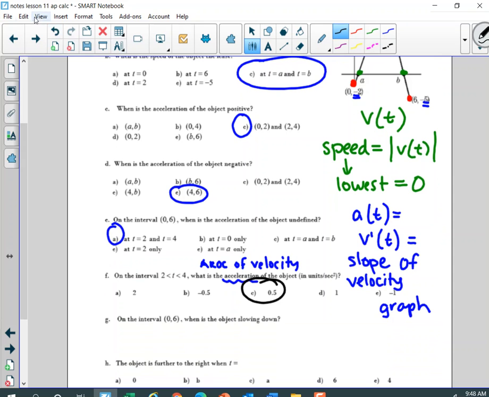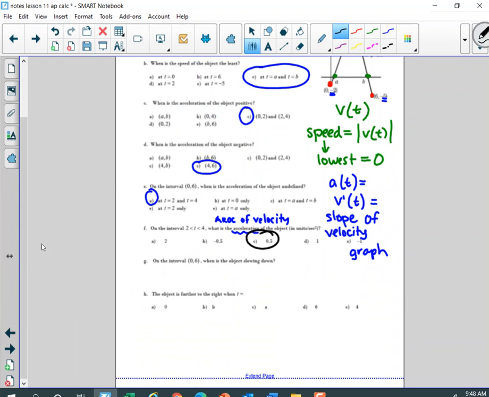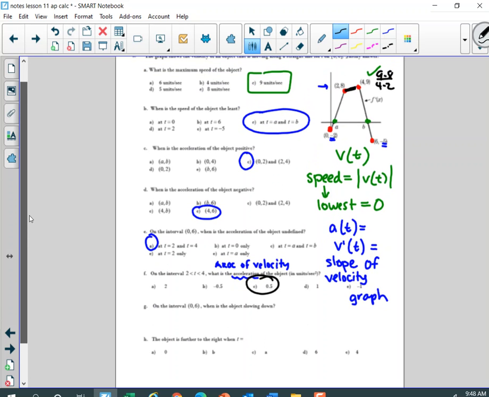Let's shrink this down a minute. We can look at the questions and the graph. 2 more questions relating to this graph. Slowing down, no choices here. Slowing down means that my velocity and my acceleration have opposite signs.